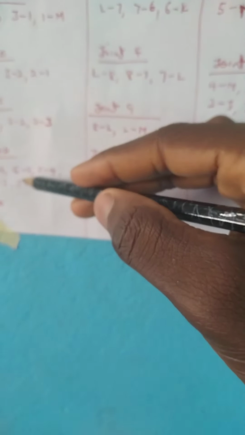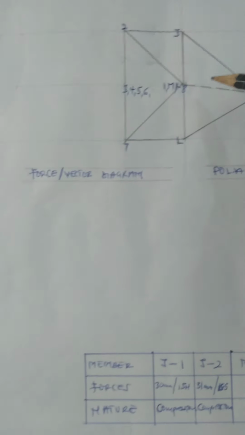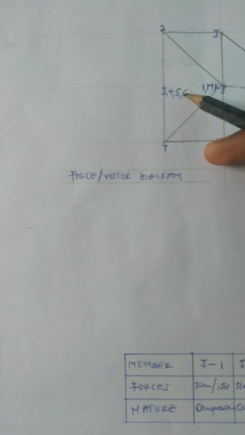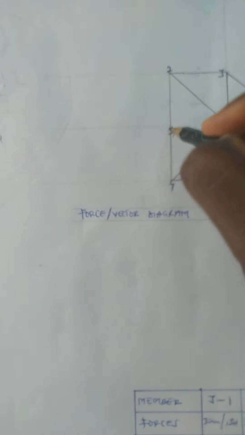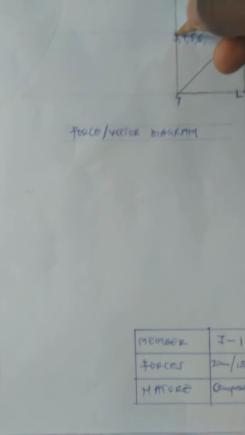At joint D, we have 6, 5. You come back to the vector or force diagram. This is 6 and this is 5. They are both lying on the same point.